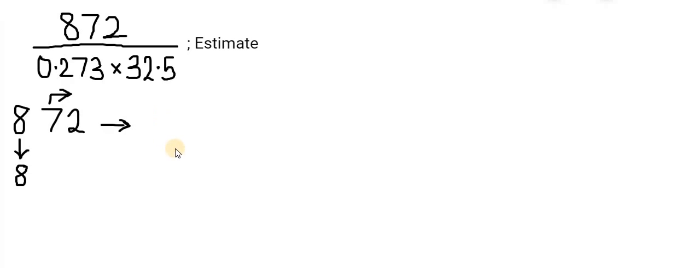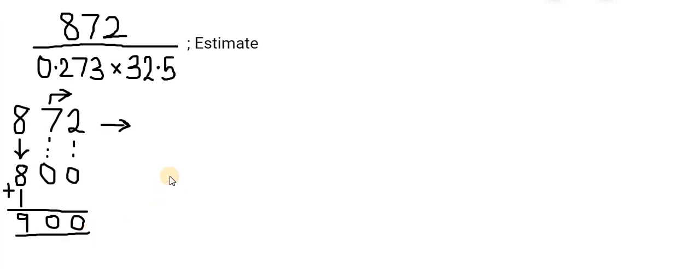If it's less than 5, we add 0. 7 is greater than 4, so we add 1 to the previous number, and then the remaining numbers we convert to zeros. We complete the addition, and that's 0, 0, 8 plus 1 is 9. So that's 900.